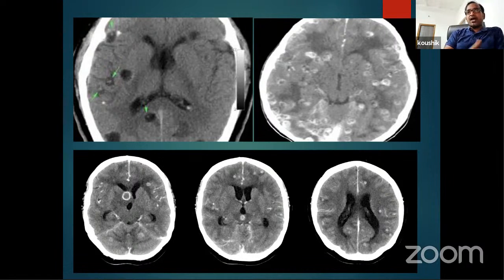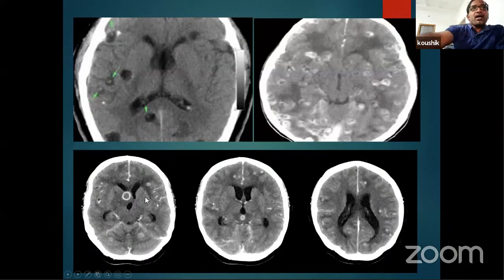In tuberculoma also we have different phases: a normal granuloma, then it will calcify, and become an inactive granuloma. In the active phase of neurocysticercosis or tuberculoma, we'll find peripheral edema and ring enhancement. Inactive lesions usually do not show any peripheral ring enhancement and surrounding edema.